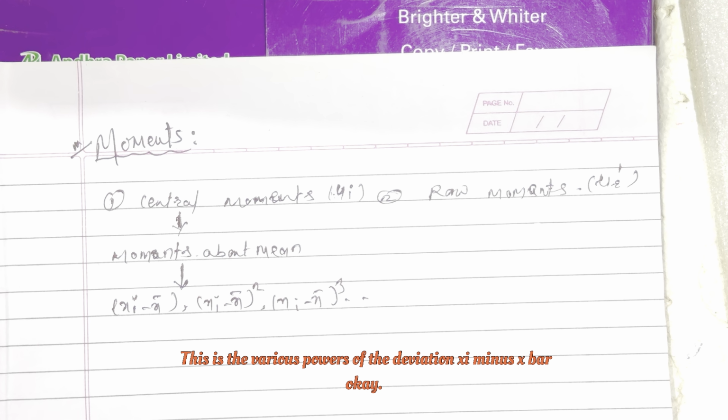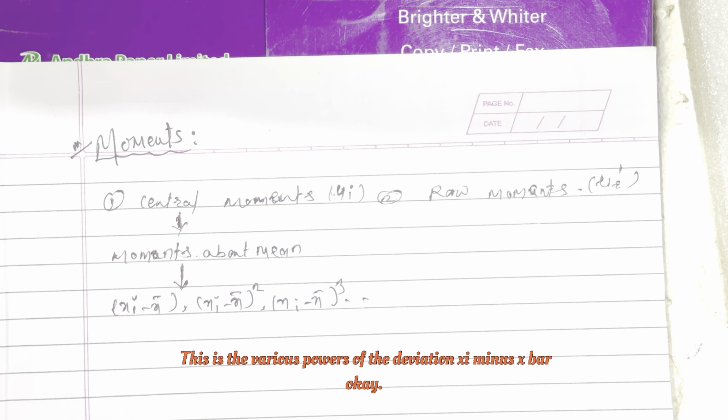These various powers of the deviation xi minus x bar are called central moments, denoted by mu i.